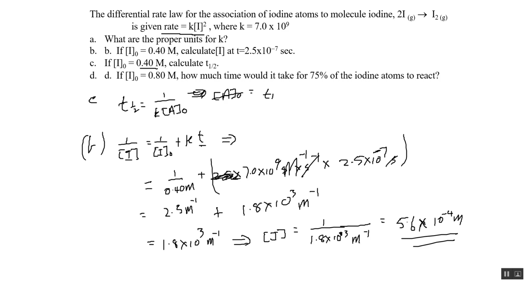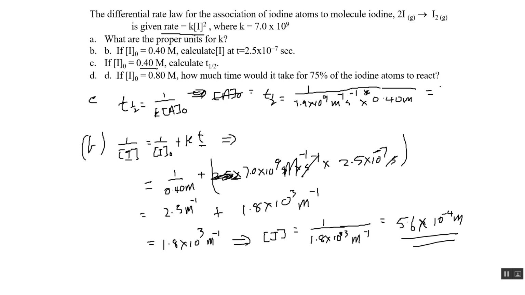t half is equal to 1 over k, which is given as 7.9 times 10 to the 9, unit is M to the minus 1 s to the minus 1, times the initial concentration of A, which is 0.40 M. And we just basically work this out.